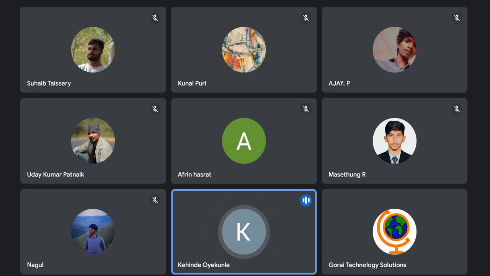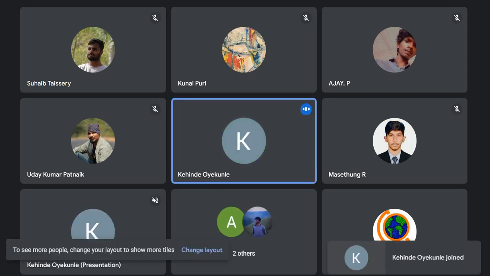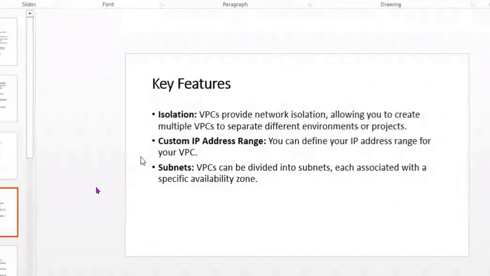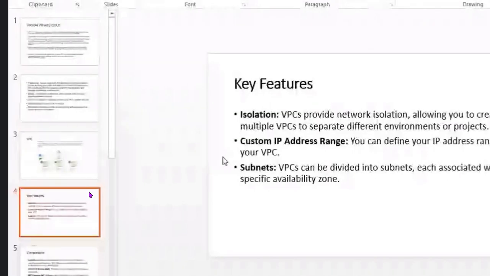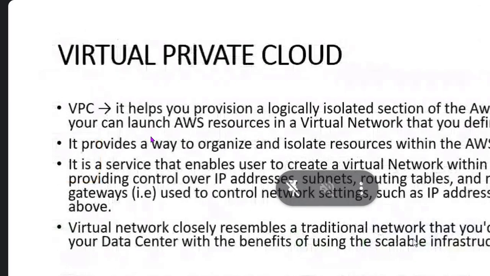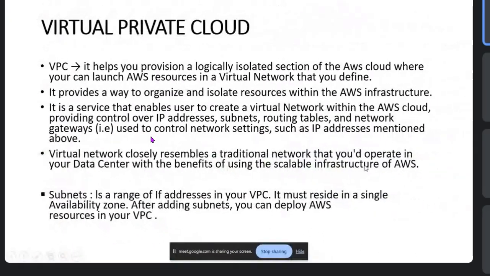The other person really said a lot about the VPC. So, is it visible?